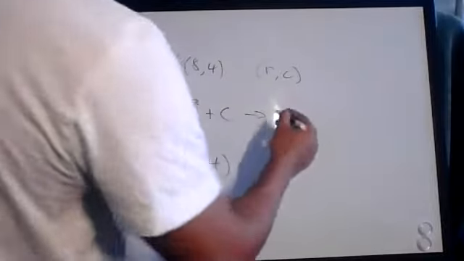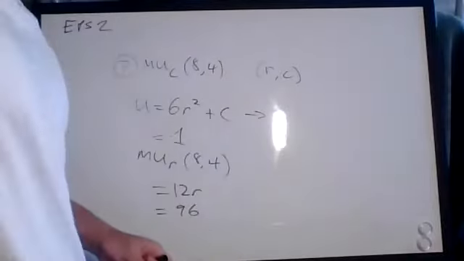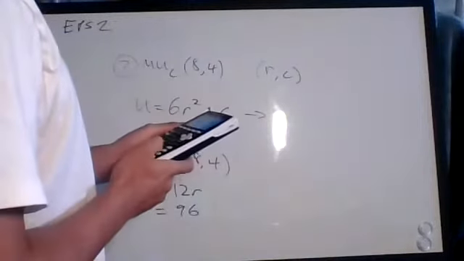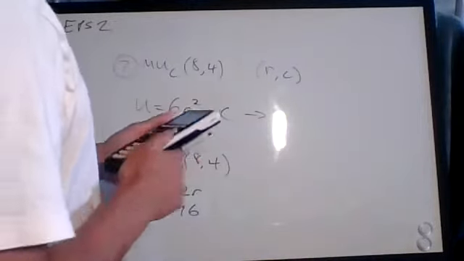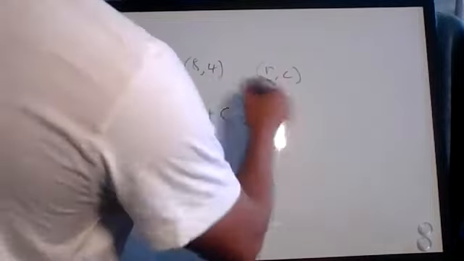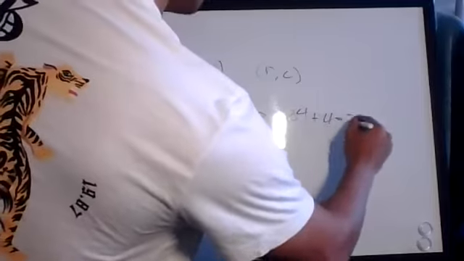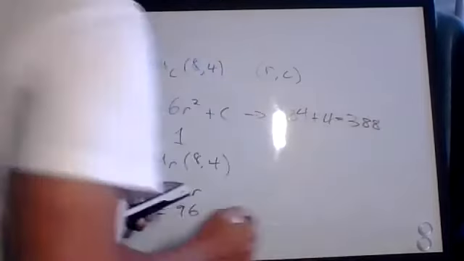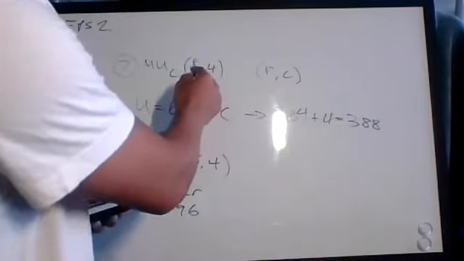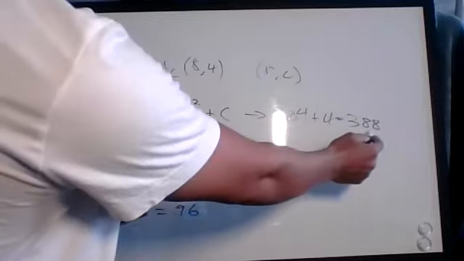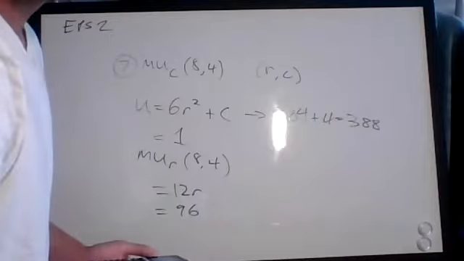So it'd be 6 times 64, which is equal to 384, plus 4. So 384 plus 4 equals 388. Having this bundle, 8, 4, gives me 388 units of utility.